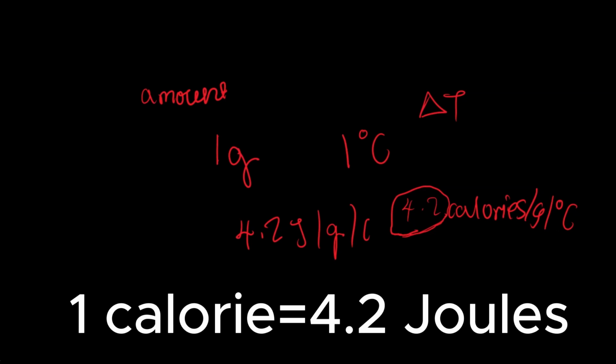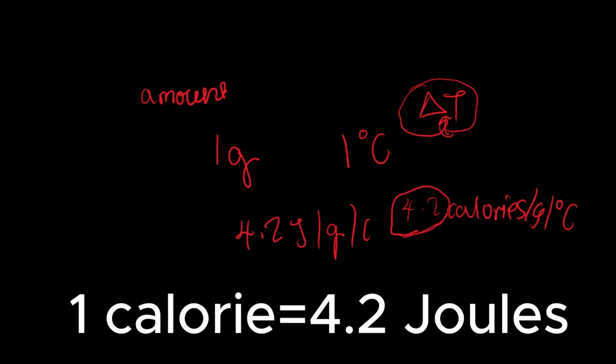And this is of importance because the metabolic activities that take place in the cell lead to the generation of heat energy. And because water has a high specific heat capacity, water is able to absorb all of this heat energy without a significant change in temperature.